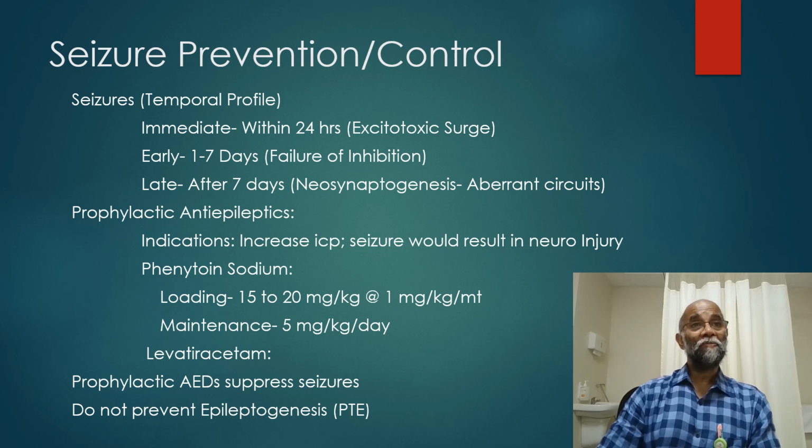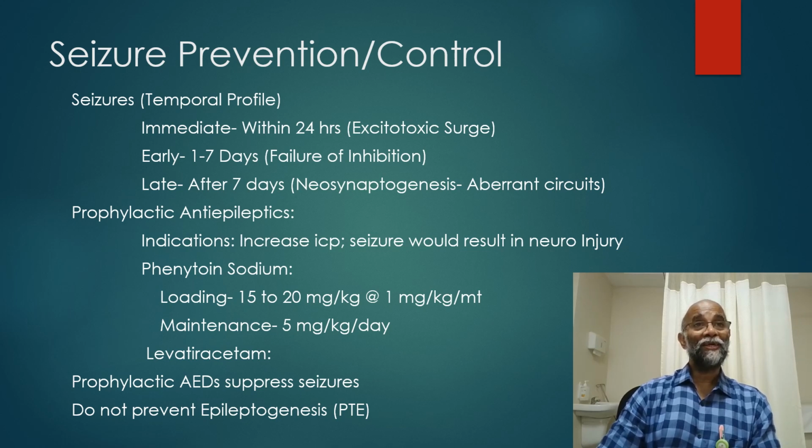Prophylactic antiepileptics are administered when the intracranial pressure is high, where the occurrence of a seizure may result in a catastrophic further rise in intracranial pressure. Phenytoin sodium and levetiracetam are both often used.